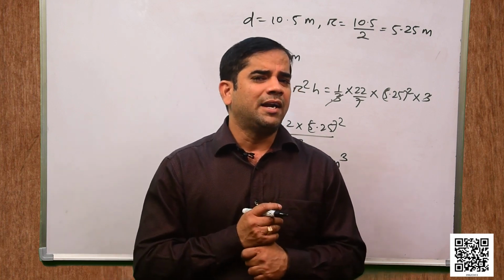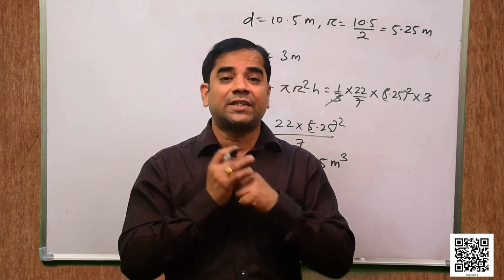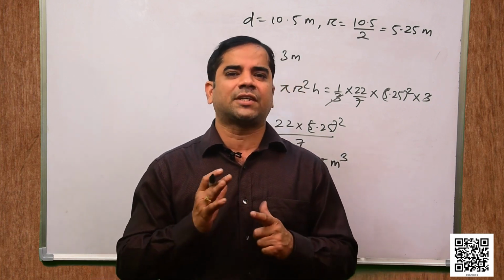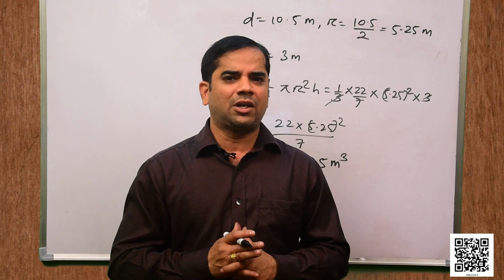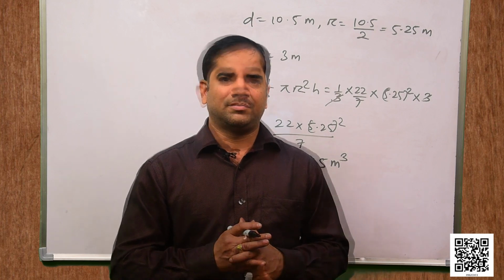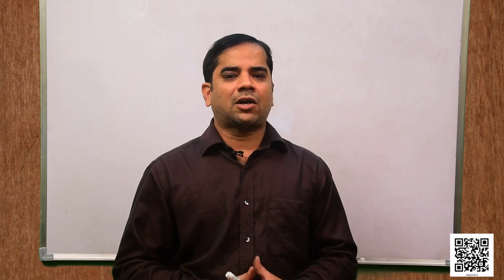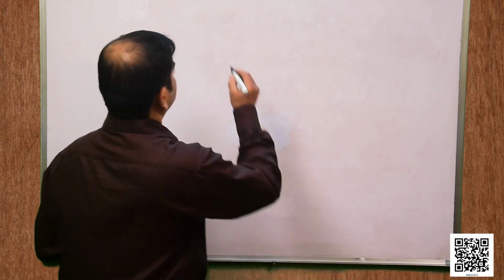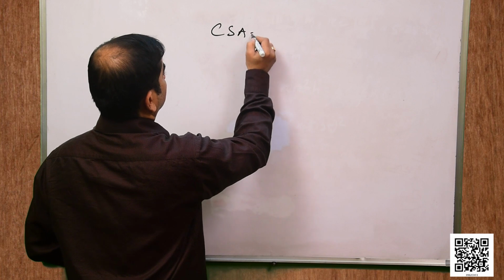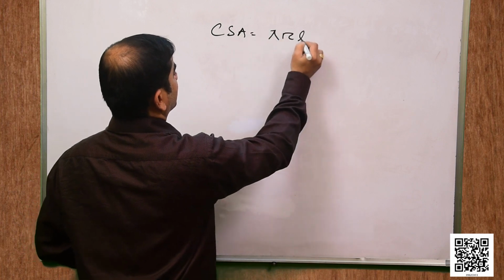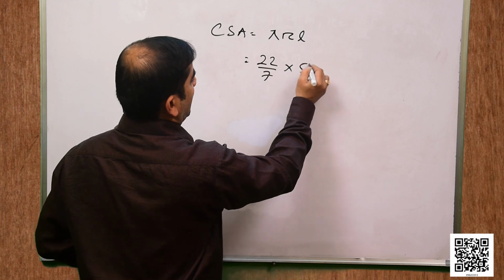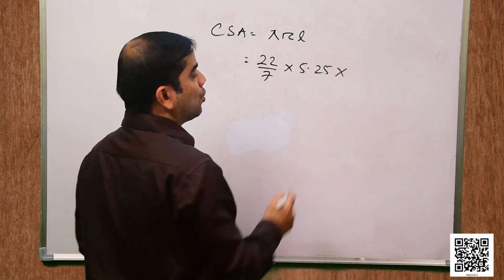What it should be? It is nothing but the curved surface area of the cone. So, we need to find the curved surface area of the cone. So, students, the curved surface area is nothing but pi RL. So, that is equal to 22 by 7 into 5.25 into what is L?